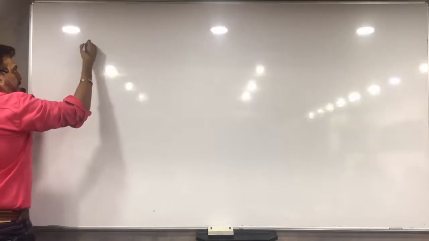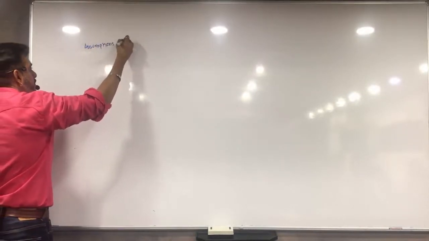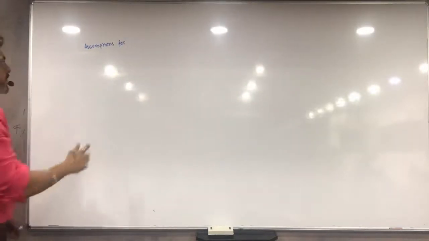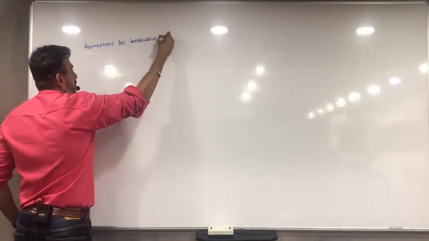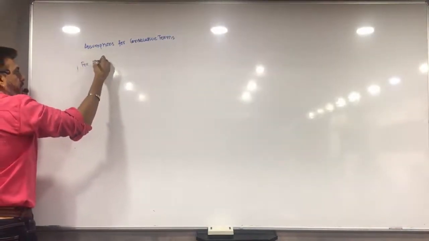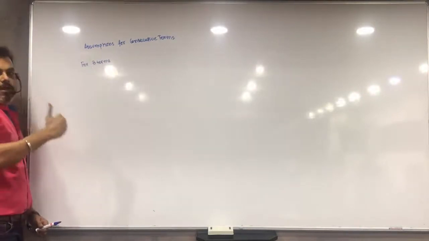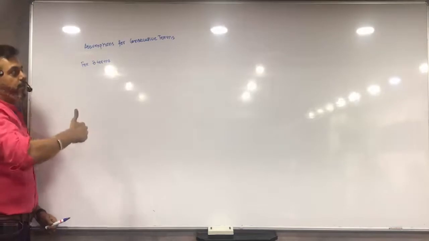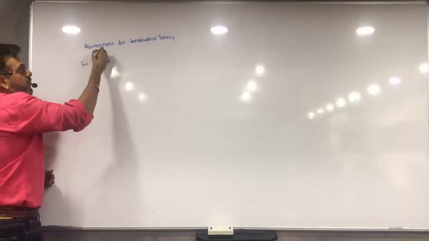Come to the formula page, and write there: assumptions for consecutive terms. For 3 terms. If in a question it is given that the sum of 3 consecutive terms is so and so, or the product of 3 consecutive terms is so and so, at that time we have to assume.